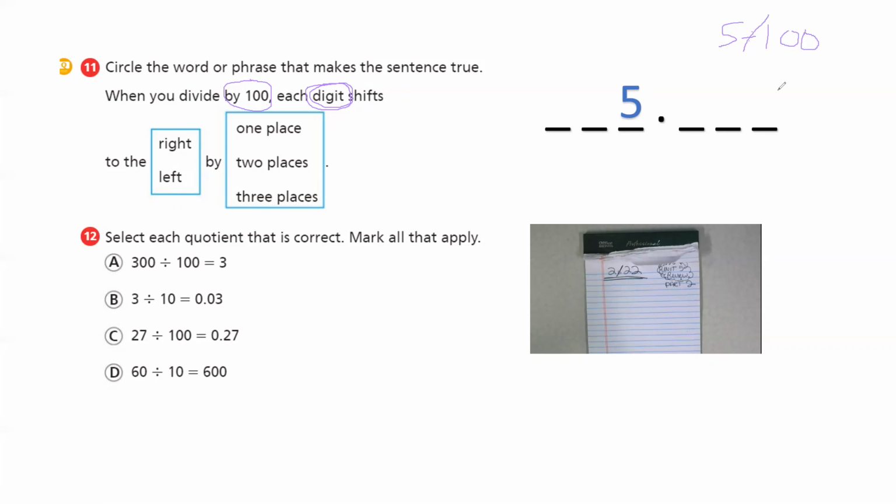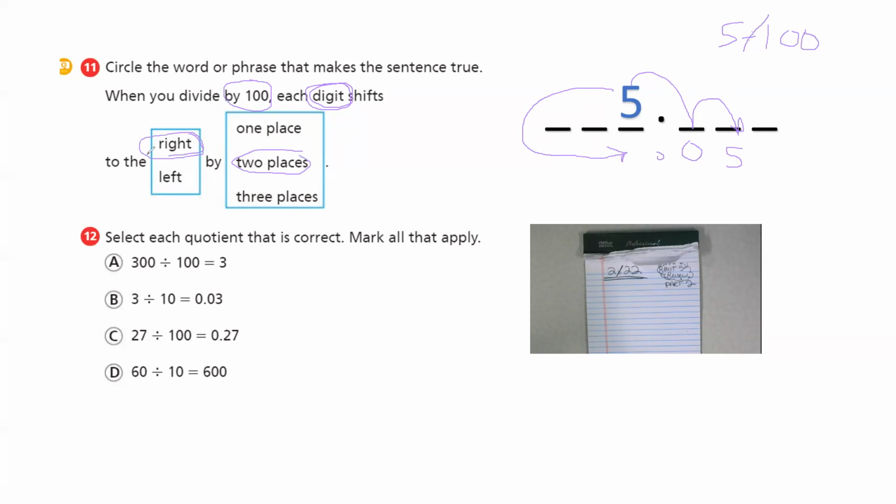It's not 100 divided by 5, it's 5 divided by 100. So what happens is it turns into 0.05. So when 5 gets divided by 100, it turns into 5/100. So what happened to each digit? Well, the digit jumps once, twice. It jumps 2 places, and the digit goes right.